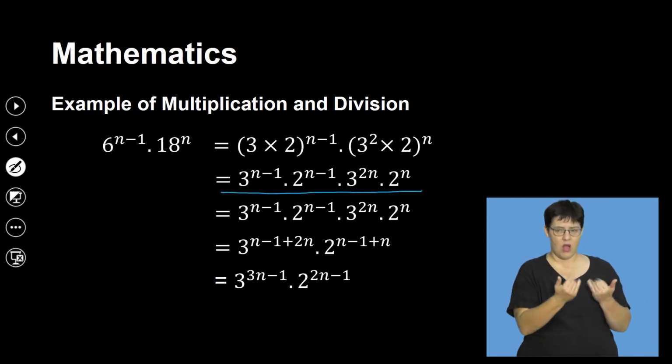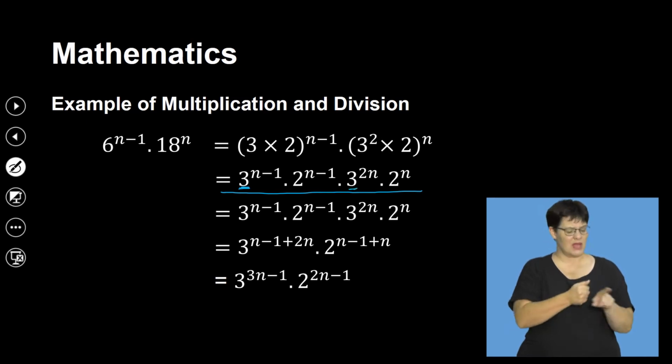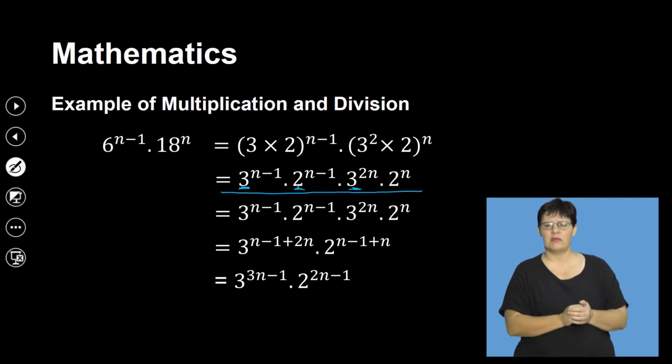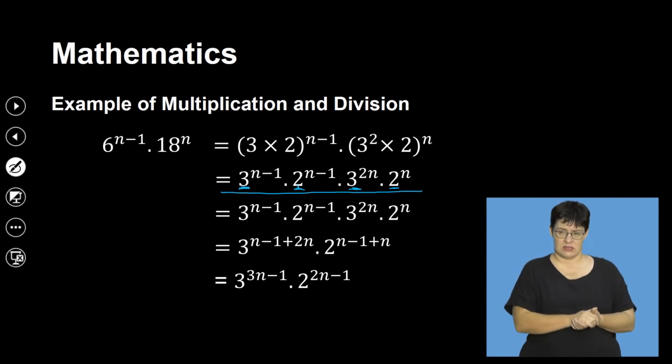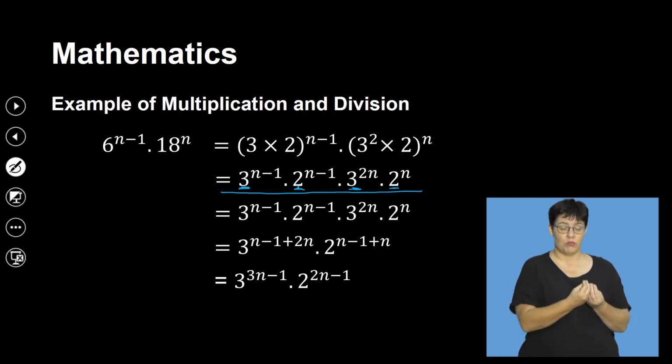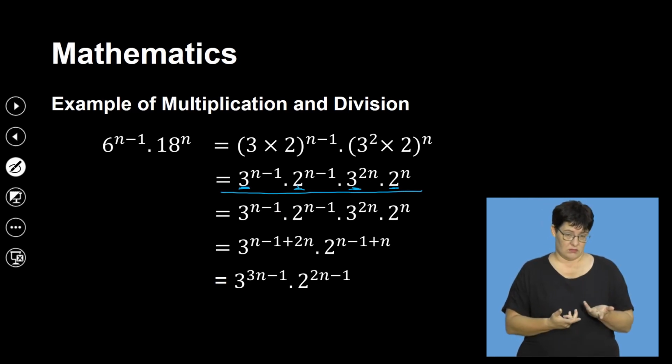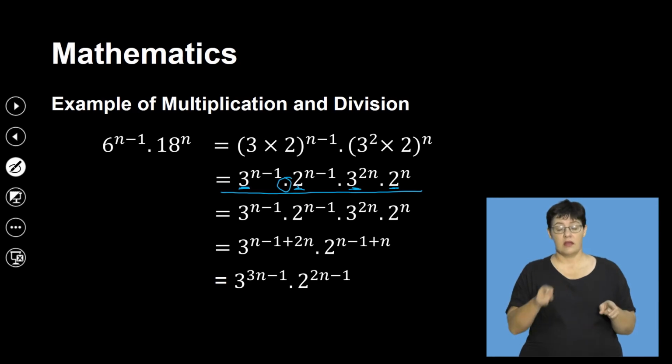From here, you can see this is the same base as that base there, and this is the same base as that base there. What does that tell us? Then we can apply either the product rule or the quotient rule, depending on what is the operation between the terms. And the operation here will be a dot, which means multiplication.